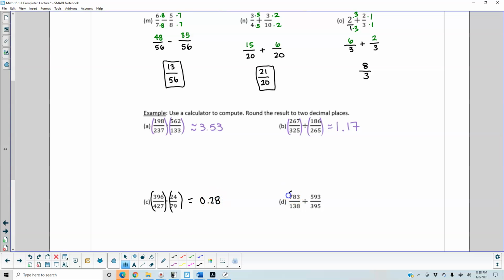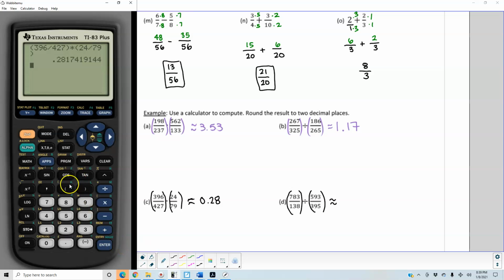Okay, in our next example, we have 783 over 138 divided by 593 over 395. So we're going to use the approximation symbol since we're rounding. So let's go ahead and do that. So left parenthesis, we have 783 divided by 138.